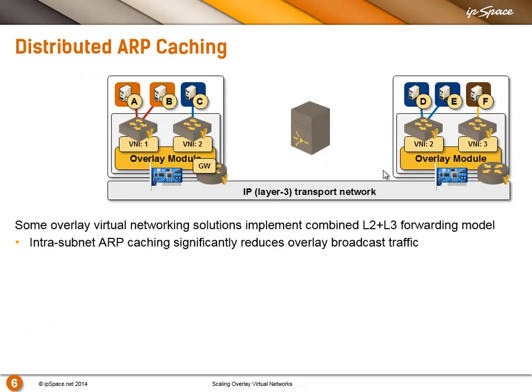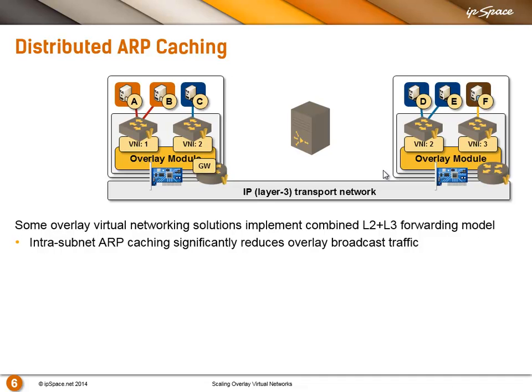Next question. If you're doing layer 3 forwarding, then obviously, if that's all you do, the router, because every VM is connected to a router, will do the ARP processing as well.